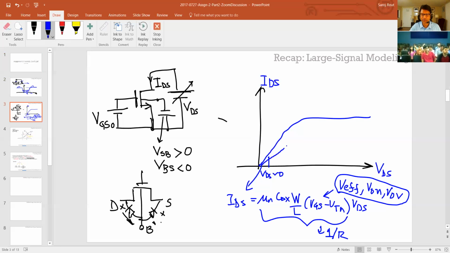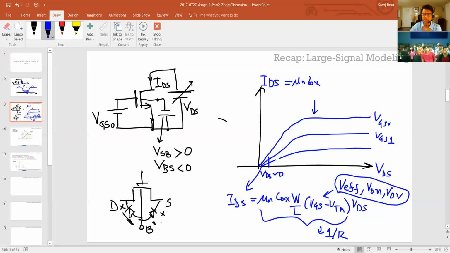As you change your VGS, so this is some VGS 0, let's say this is VGS 1, which is less than VGS 0, and so on. So for different voltages, you get that. Now for this region here, we said the IDS looks like mu n Cox W over L times VGS minus VT whole square.